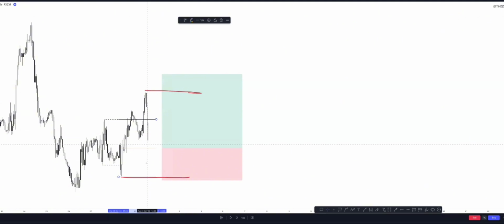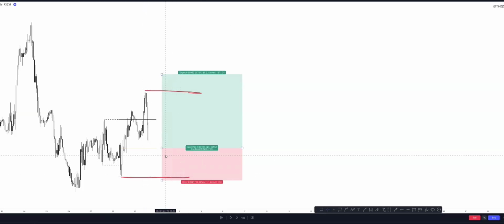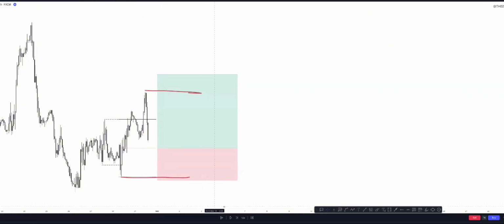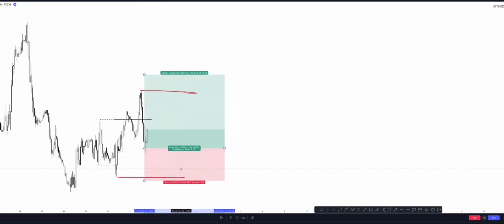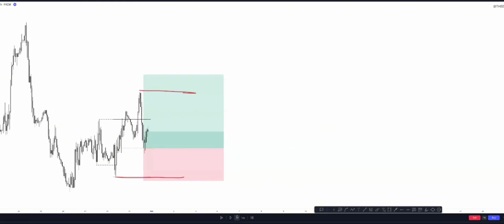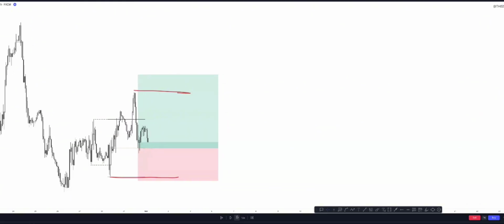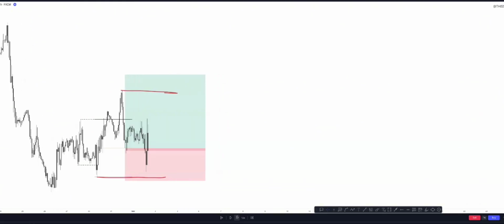Whatever happens before this low here is liquidity to make this zone valid. Even if I don't actually trade like this, this is just an example. You can see you're already in profit. Price might have come back, but at least you're already in the trade.